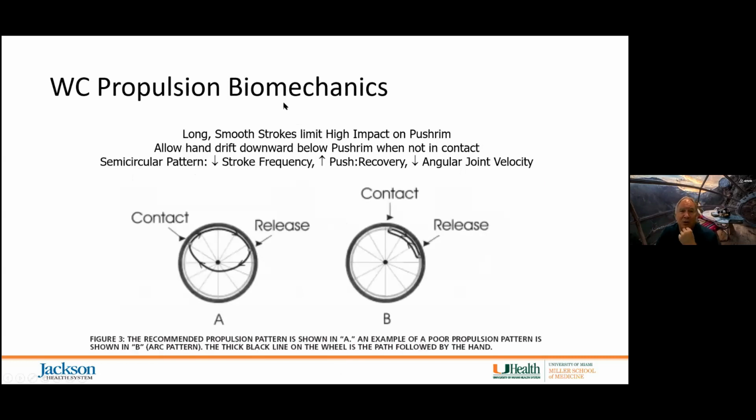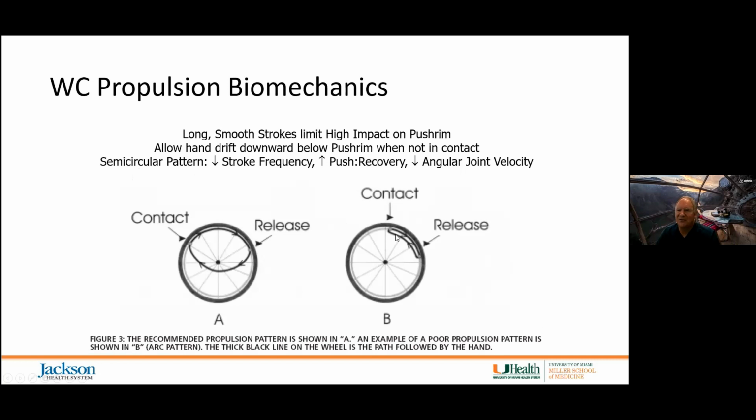So the wheelchair propulsion biomechanics, and if you're not sure, take a look at some of our new wheelchair users who you're sending down to the therapy gym from the acute service right now, and notice how many of them are using the contact and release figure B. So basically they're doing very short but multiple hits on the wheelchair, and they're not getting the full propulsion nor range of motion at the shoulder.